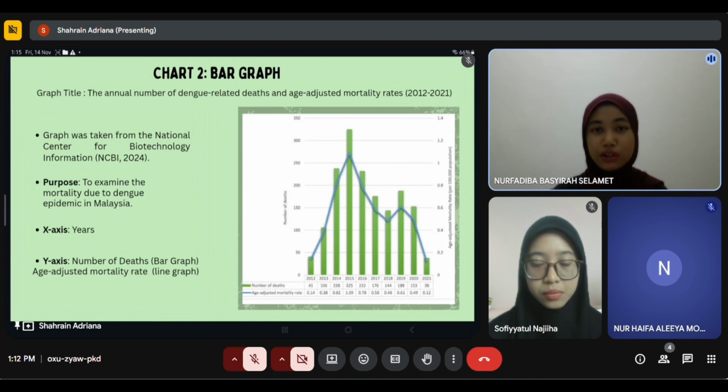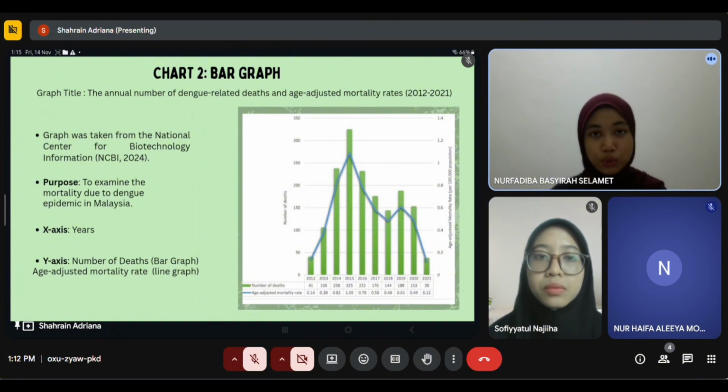The bar graph displays the number of deaths, which are represented by the green bars, and the blue line shows the mortality rate per 100,000 population. The main purpose of this chart is to examine how dengue mortality changed over time in Malaysia. On the x-axis, we have the years from 2012 to 2021, and on the y-axis we have the mortality rate and the number of deaths.